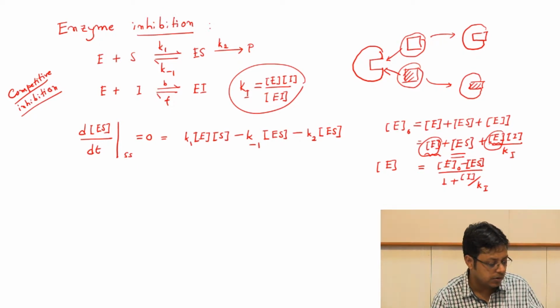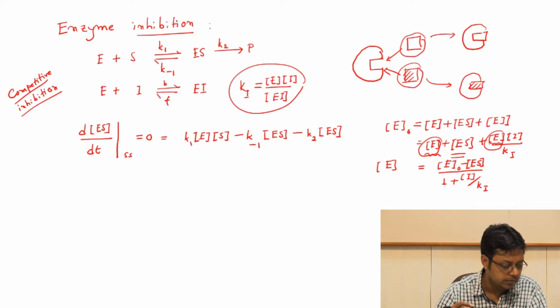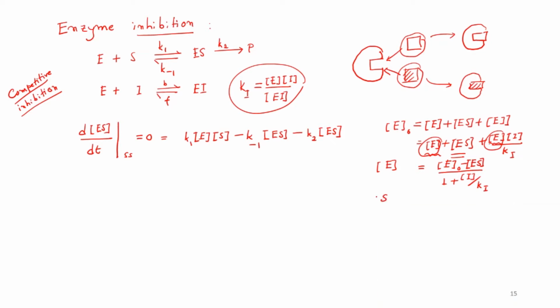Similarly, we can write the substrate concentration in a similar way. The substrate concentration will be the free substrate concentration plus the enzyme substrate complex, plus some substrate that has given rise to product.